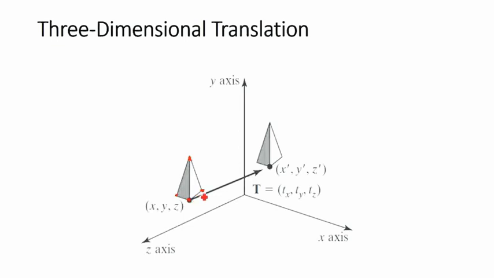By applying that, we would get these points somewhere here, and then we connect these newly translated points exactly the way we had connected the points in the original object. When we connect all of them, we get the original object translated to the new position.